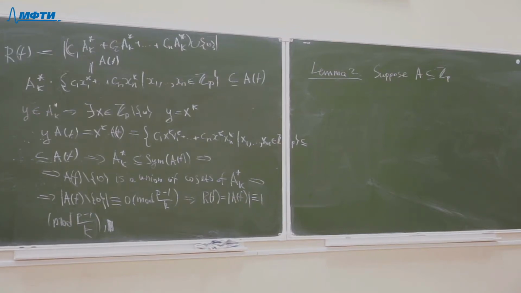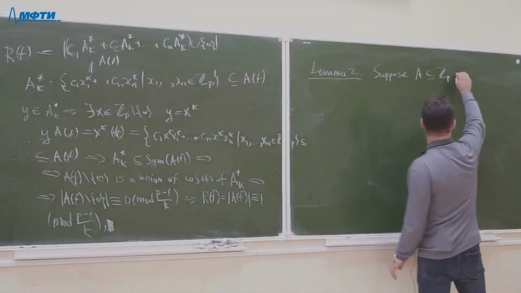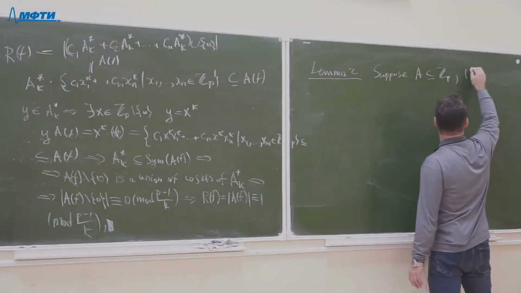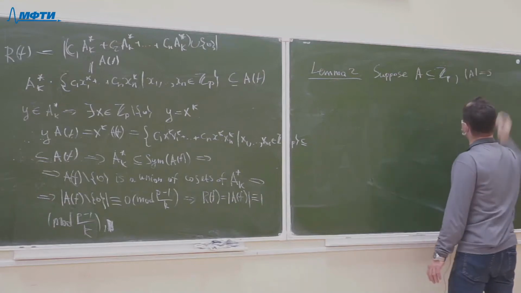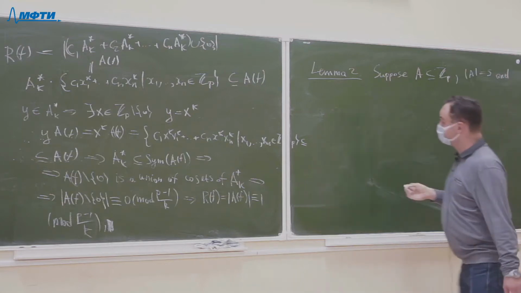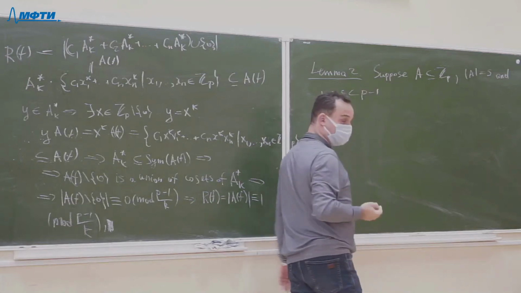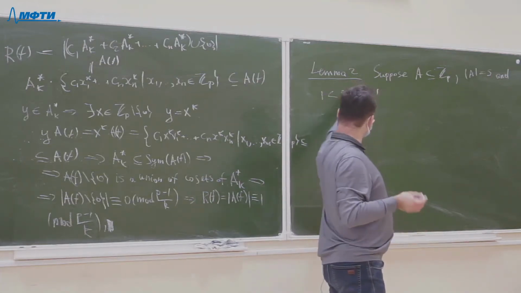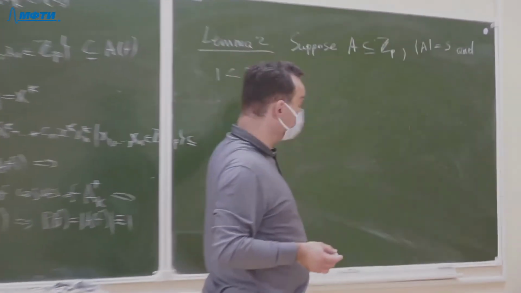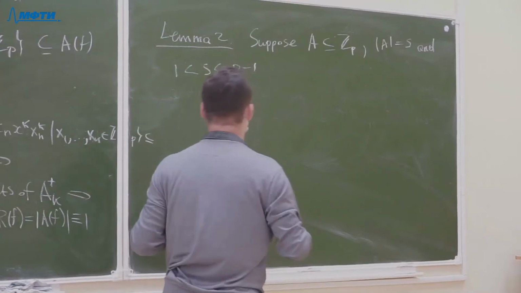The size of A is S, and S is between 1 and p minus 1. So it's not a one element set, and it's not a p minus 1 element set.